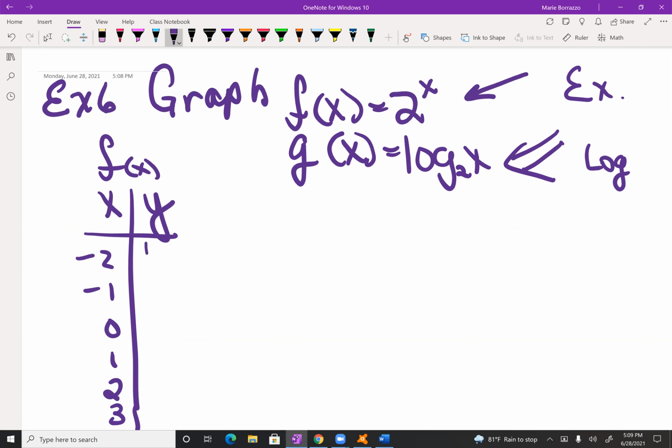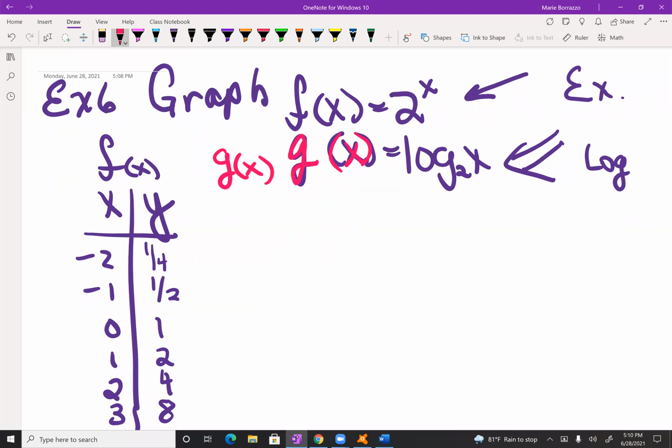So this is going to give me 1/4, 1/2, 1, 2, 4, and 8. All right, because remember, I'm just substituting all the x values into the function. The function g of x, I want you to follow the color. This is going to be my logarithmic function.